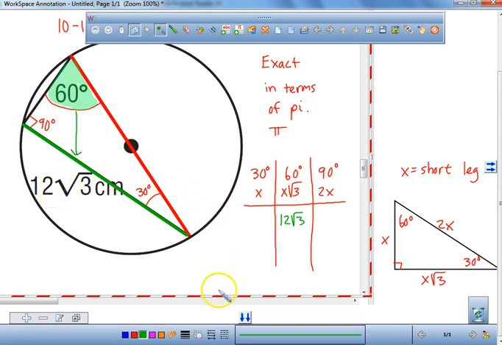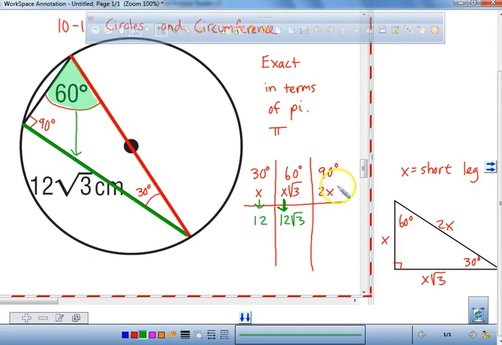So what would be the shortest side right here? That's 12 radical 3, and that's x radical 3. So x is equal to 12, and I'll plug in a 12.